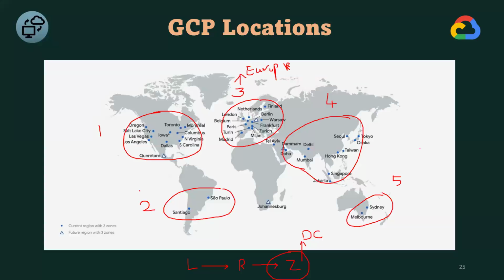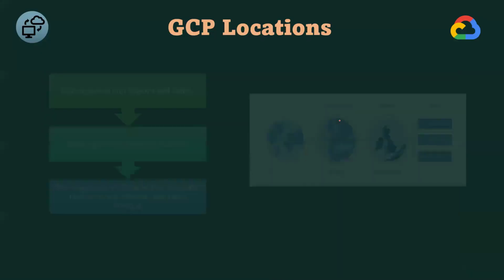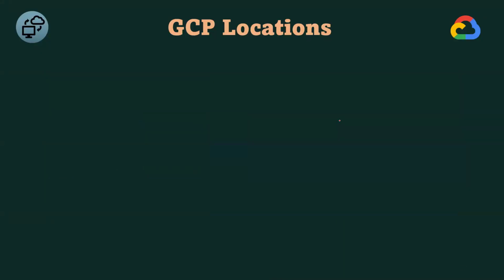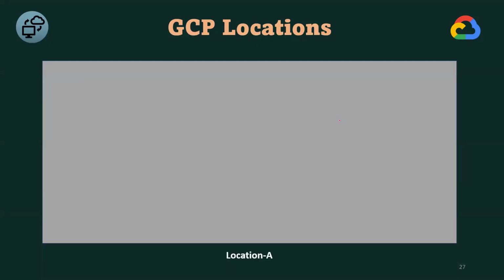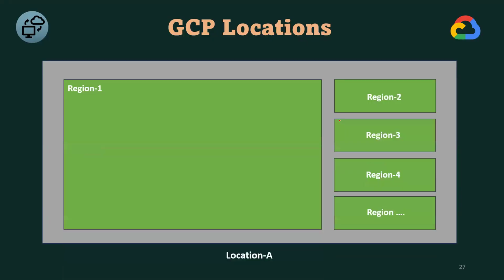So when you have a total of 5 locations, guys, these 5 locations are divided into regions. Regions are divided into zones. You can think of it like this. Take any location, Australia or Asia. Locations are nothing but a collection of regions.